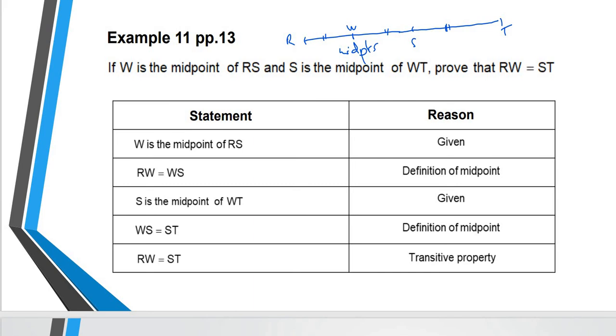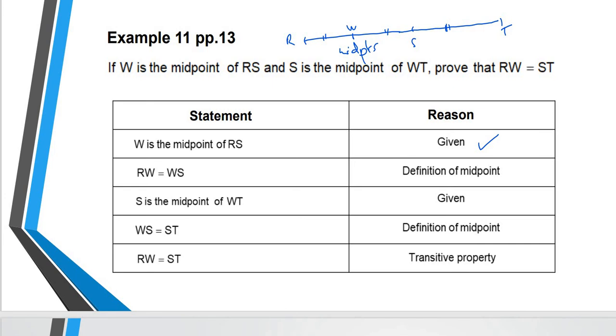Okay, by logic. So the statement here, W is the midpoint of RS. So this one is actually given in the question. RW is equal to WS. So this is actually the definition of a midpoint.